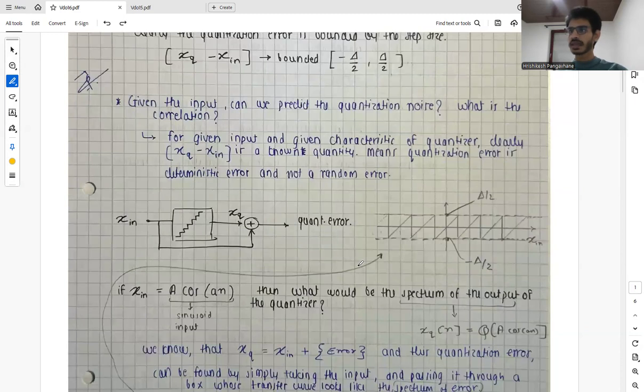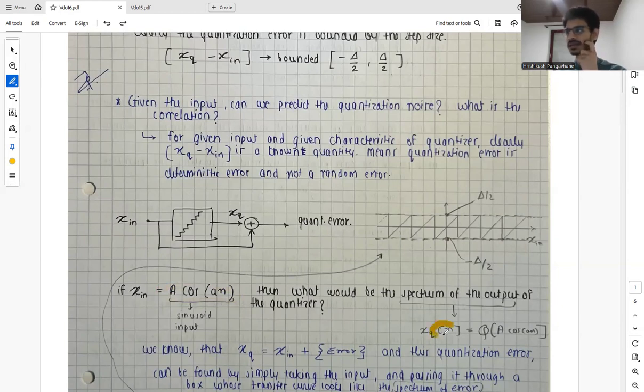So if xn, let's say, is a sinusoidal sequence, represented as cos a of n, so it's a sinusoidal input to the quantizer. Then what would be the spectrum of the output of the quantizer? Can we comment on it?